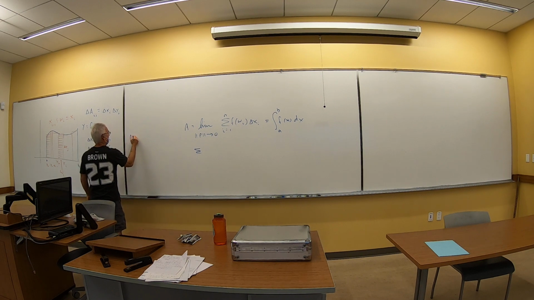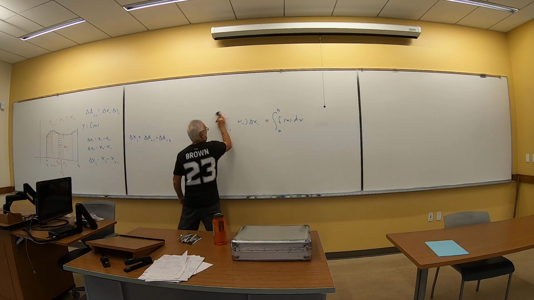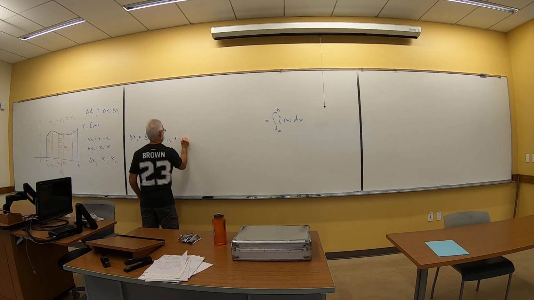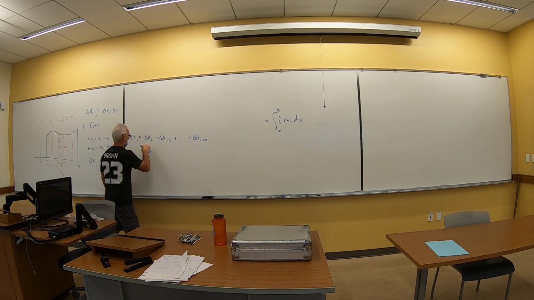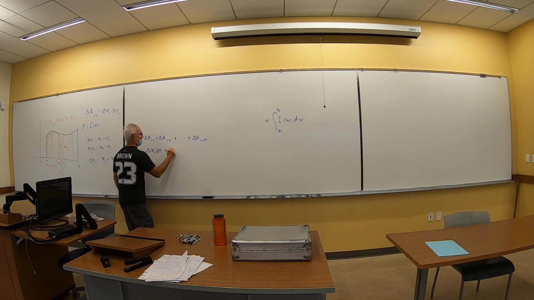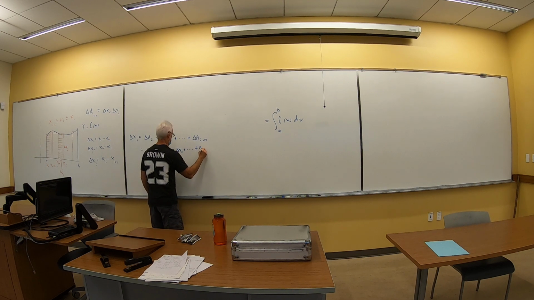So if I said delta x_i is actually equal to delta A_i1 plus delta A_i2 all the way to delta A_im, which is the same as saying this is delta x_i times delta y_1 plus delta x_i times delta y_2 all the way to delta x_i times delta y_m.